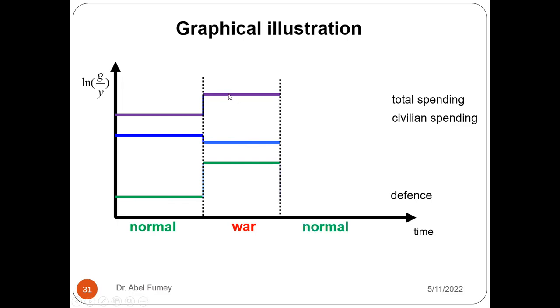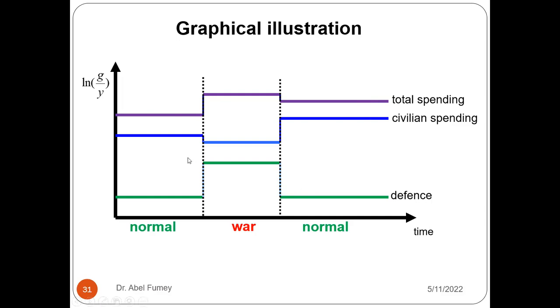So the total spending here is going to what? Is going to increase. Then after the war, the economy will come back to normal again. So defense will come back to its previous level. Then the civilian spending can move up again. And then total spending is going to fall because of the fall in the expenditure on defense.